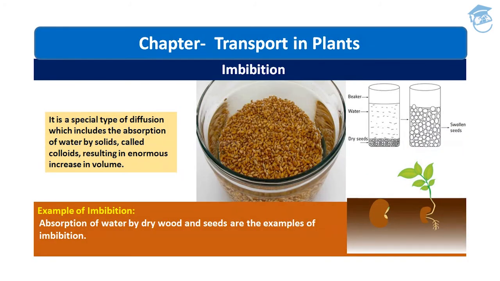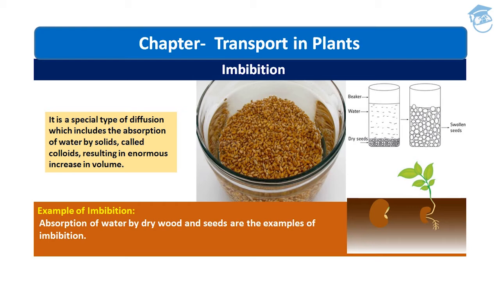Now we'll talk about imbibition. See, it is a special type of diffusion, which includes the absorption of water by solids, called colloids, resulting in an enormous increase in volume.